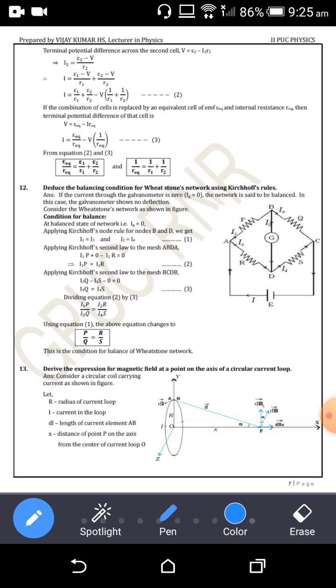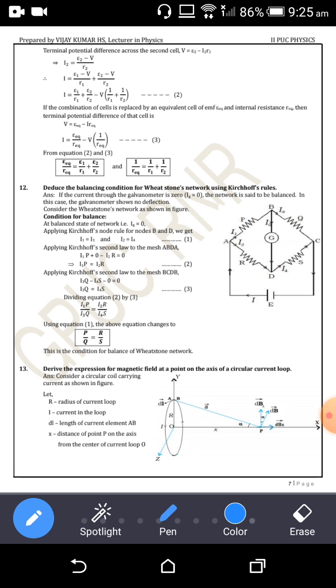Whenever we go along the direction of current, the product of current and resistance is taken as positive or negative. The sign convention is left to you, but in this case, as we move along the direction of current, the product of resistance and current is taken as positive. With respect to that, we will derive this.